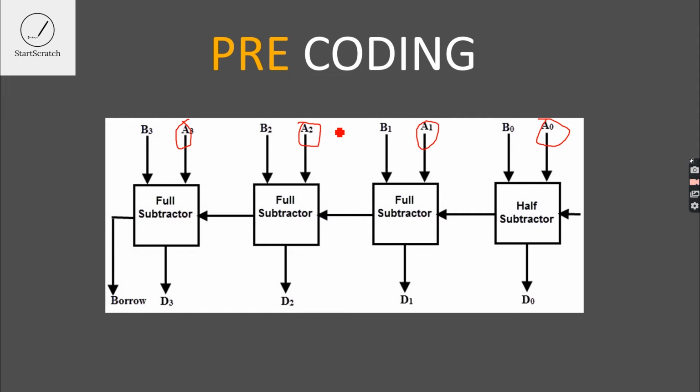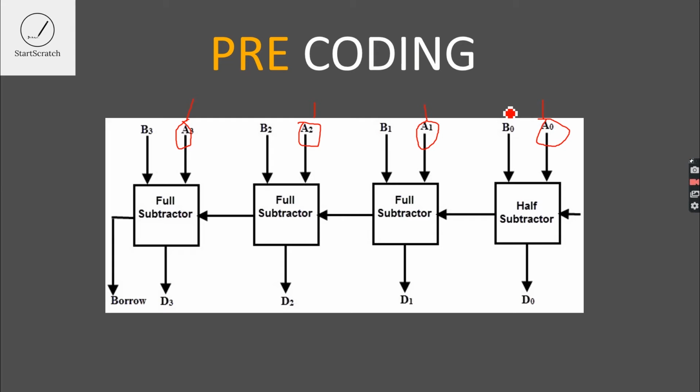Each bit will be given to each subtractor, so that the operation is done individually. Like if you give 1 1 1 1, that is a 4 bit number 1 1 1 1, to the ripple subtractor, it will divide each bit and drive it to the subtractors.